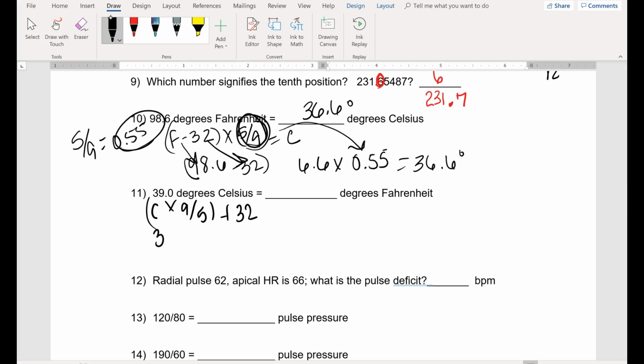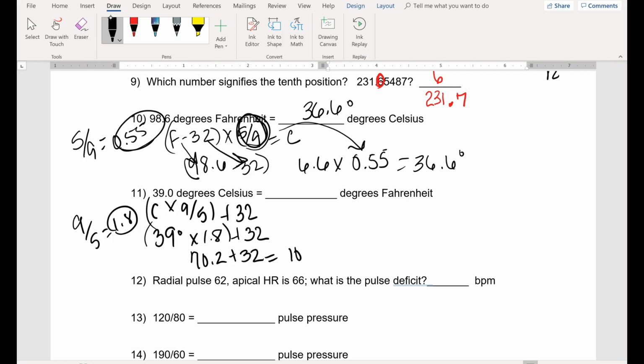So our centigrade is 39 degrees times 9/5 equals 1.8 plus 32. Okay, 39 times 1.8 equals 70.2 plus 32, and that gives us 102.2 degrees. Okay.